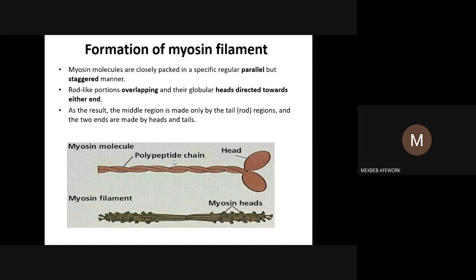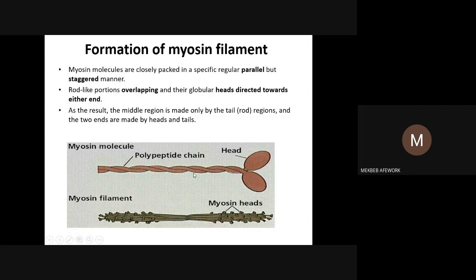When they are to assemble, here is one myosin molecule with 2 ends, head region, tail region. And these are to be laid down to either direction. I'm speaking about how this myosin filament is to be formed from myosin molecule.